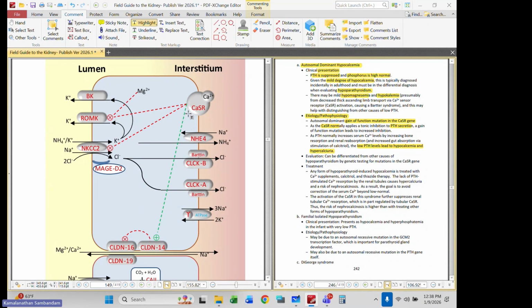We talked about claudins in the proximal tubule, not just the claudins in the thick ascending limb, right? So if I have a gain of function mutation in the calcium sensing receptor, you have to think of this kind of inverse. It's a bit of a judo flip, claudin 14 affecting claudin 16.